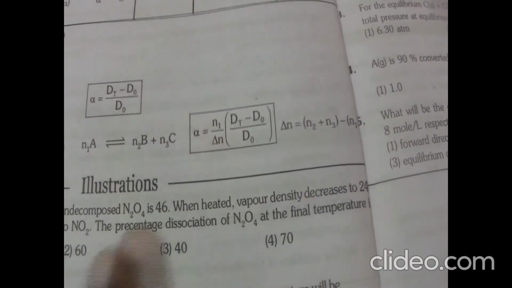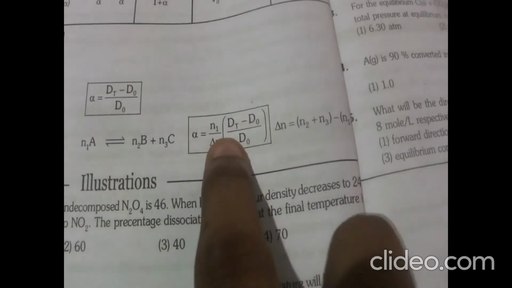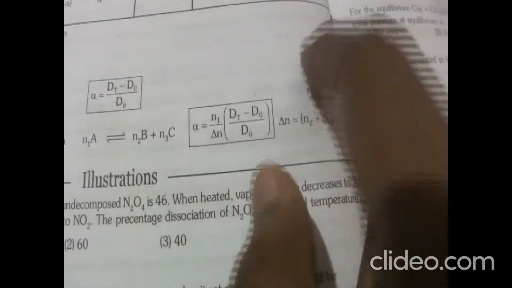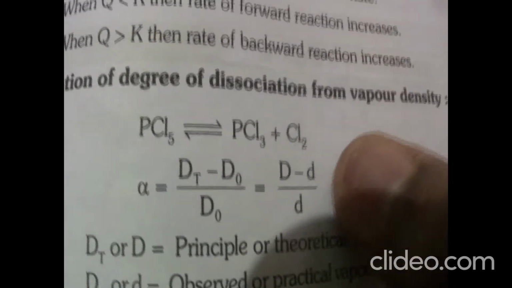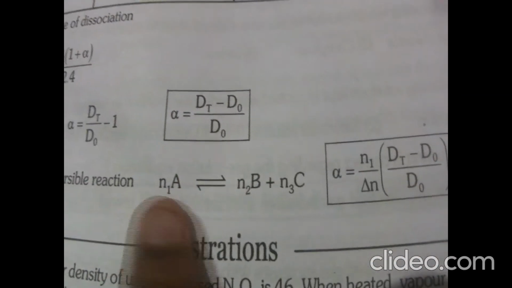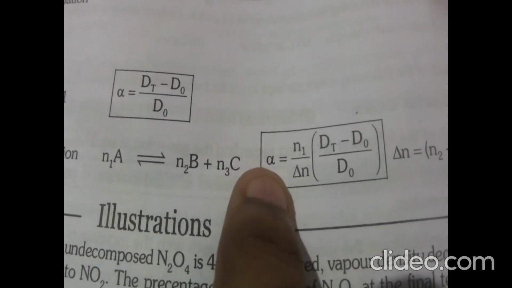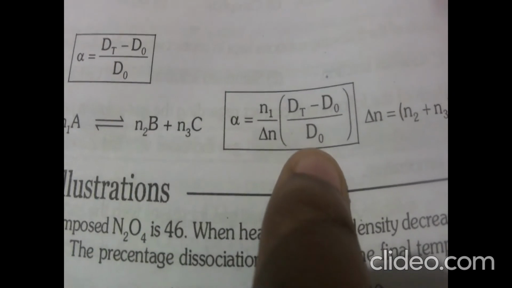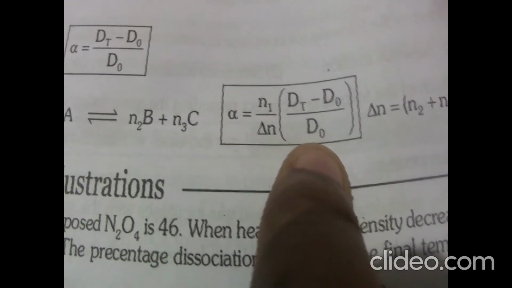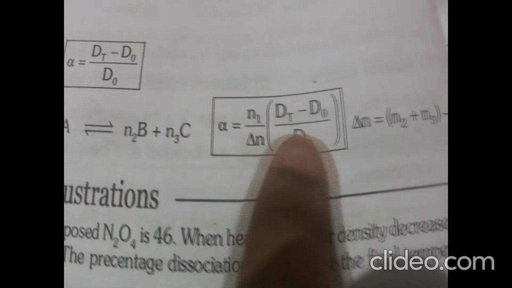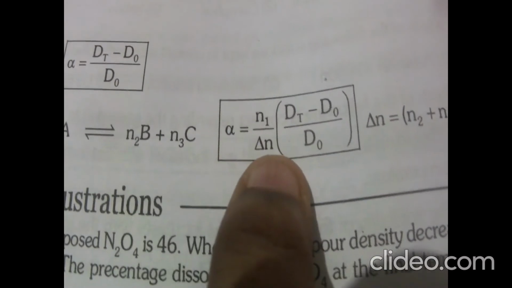Instead of D_t, D_0 and so on, you can write capital D minus small d by small d, as we have written here. Here we have just added n1 by delta n. For any such reaction, you can find the degree of dissociation using the vapor density itself. The only thing which must be added to the previous formula is n1 by delta n.